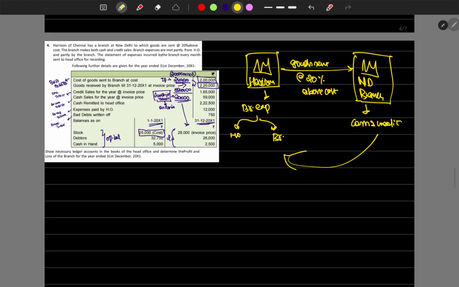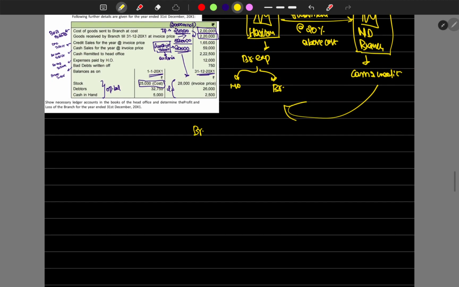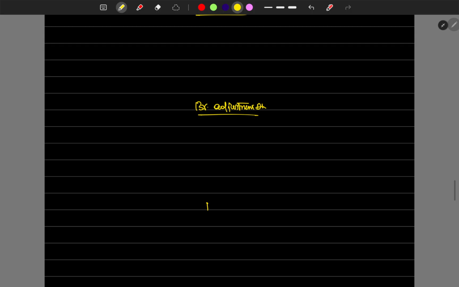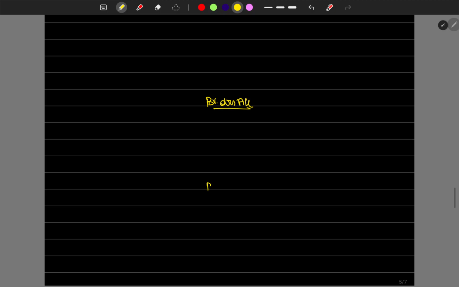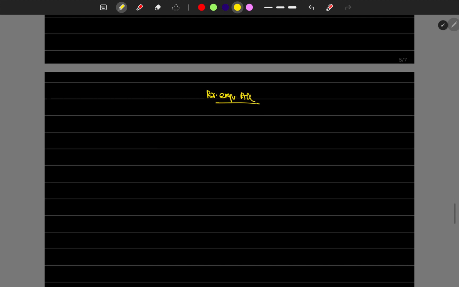First one, branch stock account, branch adjustment account, branch debtors account, branch cash account, branch expenses, branch P&L.